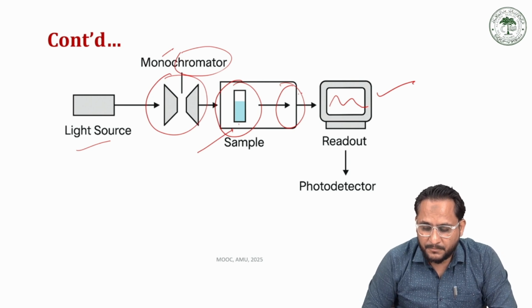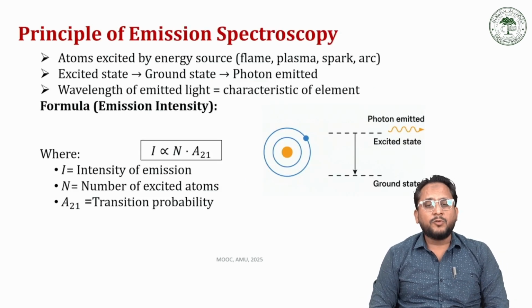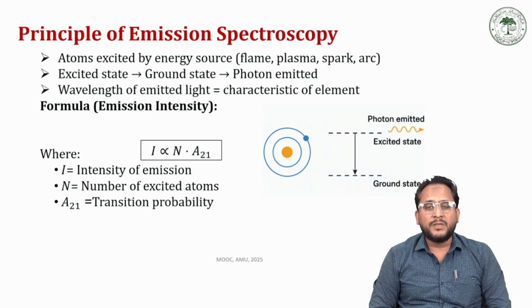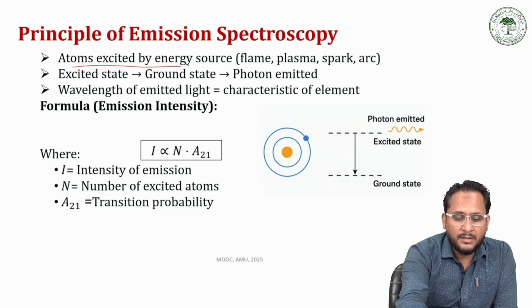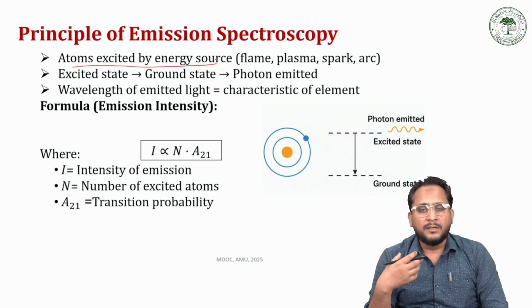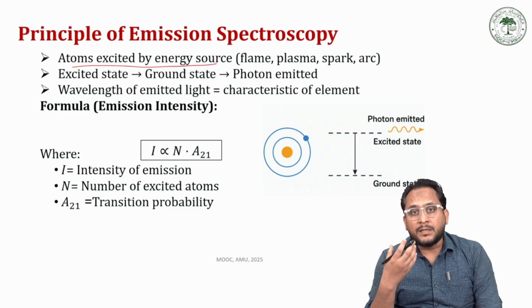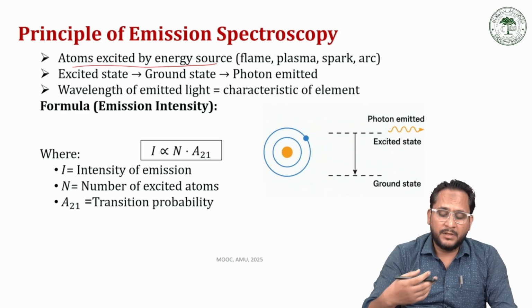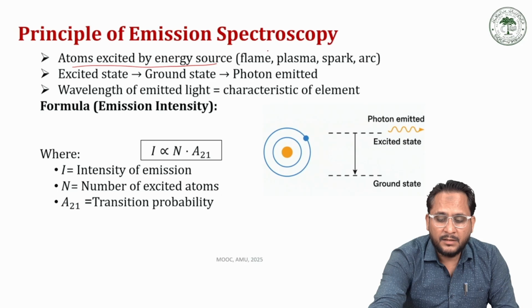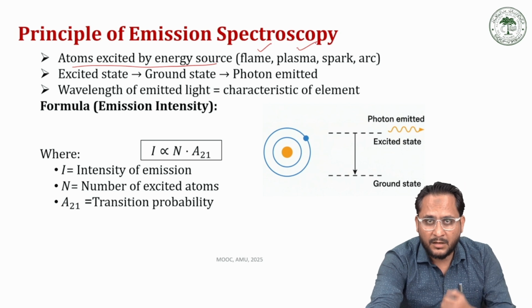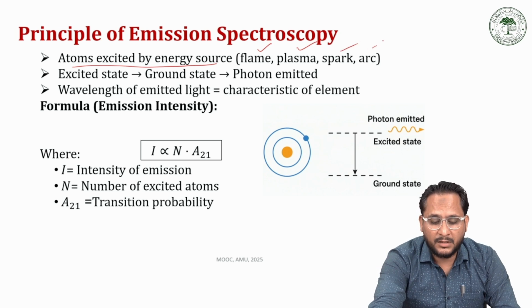Now comes the principle of emission spectroscopy. So in emission spectroscopy, as I said before, we do not need a light source. Atoms here are excited by some other energy source where we need thermal energy to excite these atoms, and thermal energy can be obtained by either direct heating in a flame or by using a plasma, which is the fourth state of matter and is of very high energy, or using an electric spark or an electric arc.